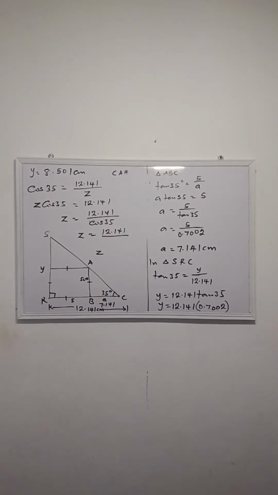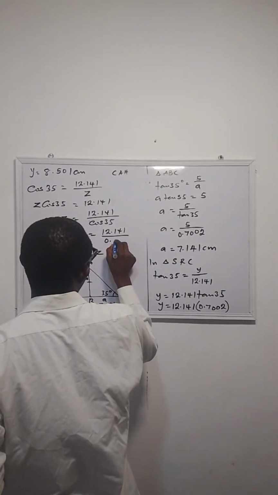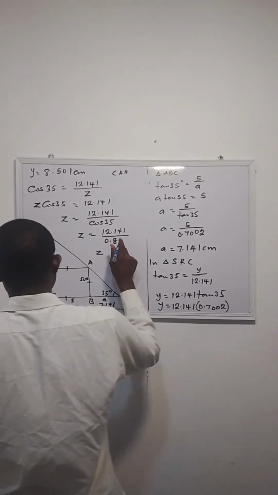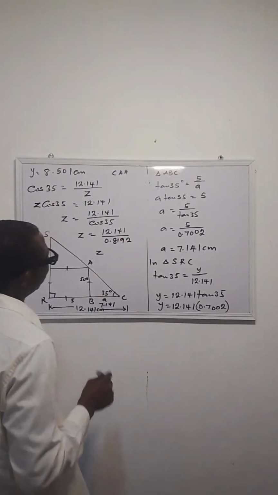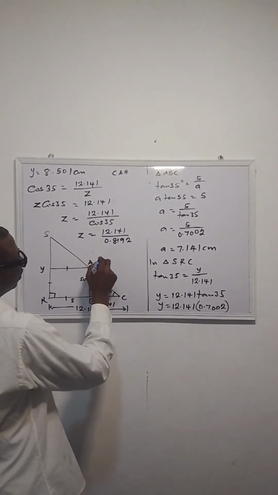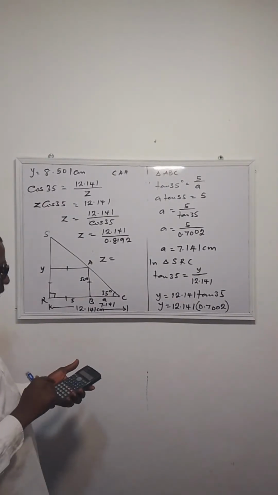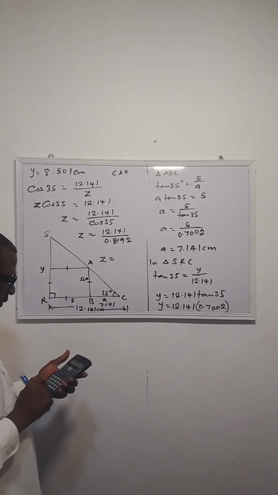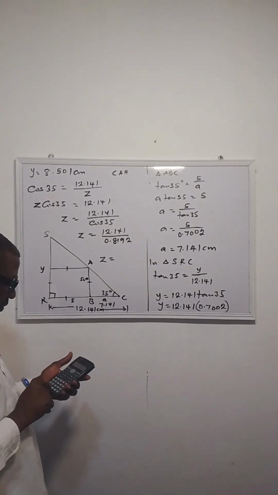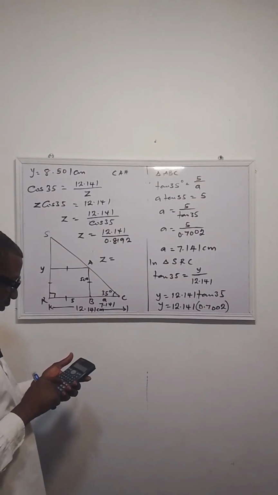So the result is 0.8192. So now the value of Z will be 12.141 divided by 0.8192.